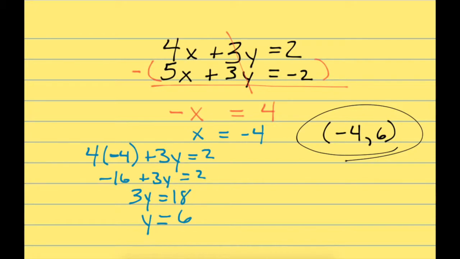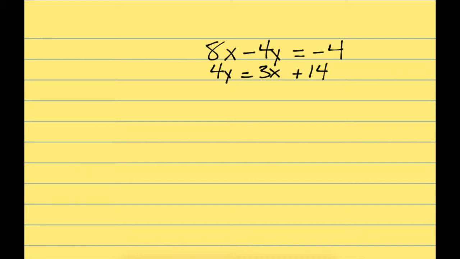The other issue that might come up is our equations might be a little out of order. For instance, if we had 8x minus 4y equals negative 4, and 4y equals 3x plus 14. Now we want to rearrange it so it looks like it did in our last two examples, so that we have x's and y's on the same side.